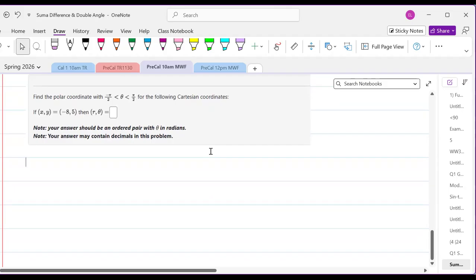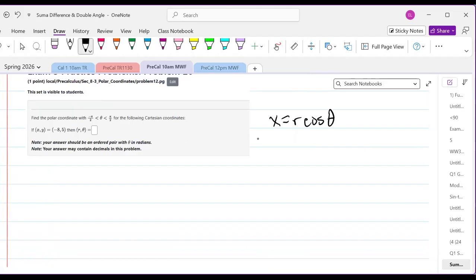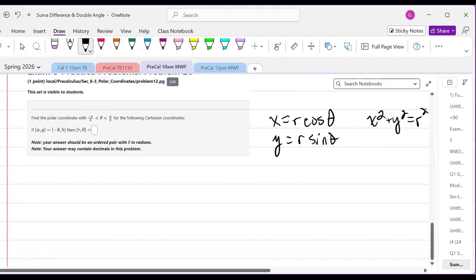So for our polar formulas, there are 4 of them. We have x equals r cosine theta, y equals r sine theta, x squared plus y squared equals r squared, and tangent of theta equals y over x.